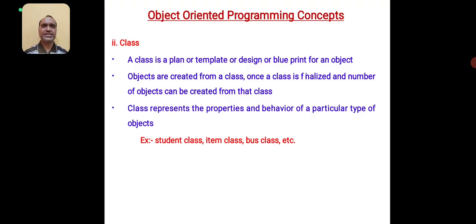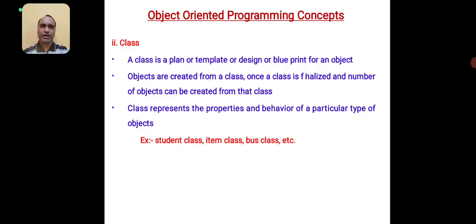And here the difference between class and object is that a class is a plan which doesn't require any resources in the computer system, but an object is a real world entity that requires space. If you need a house, a real world entity, to build it you need physical space.